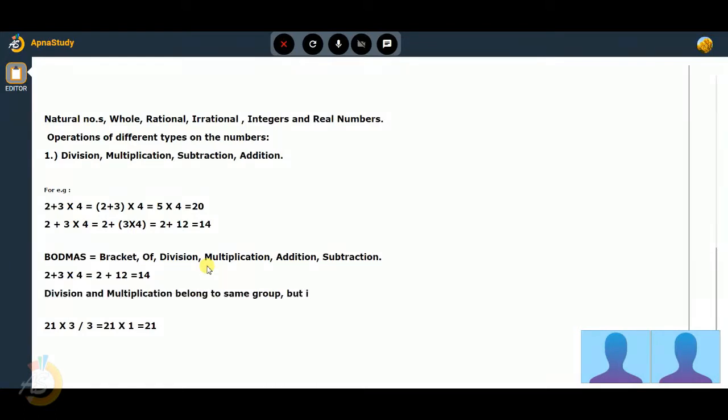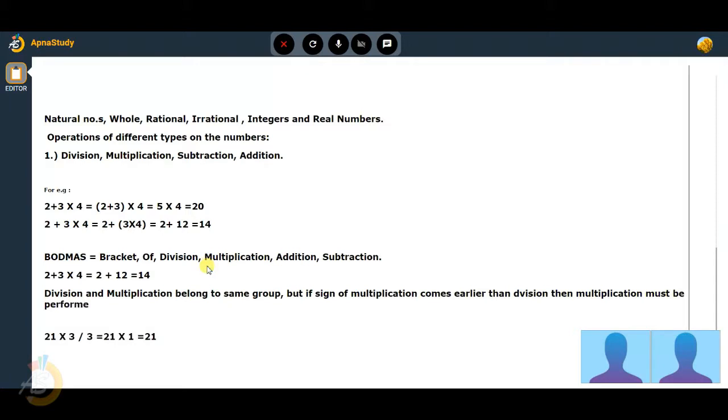But if the sign of multiplication comes earlier than division, then multiplication must be performed first.